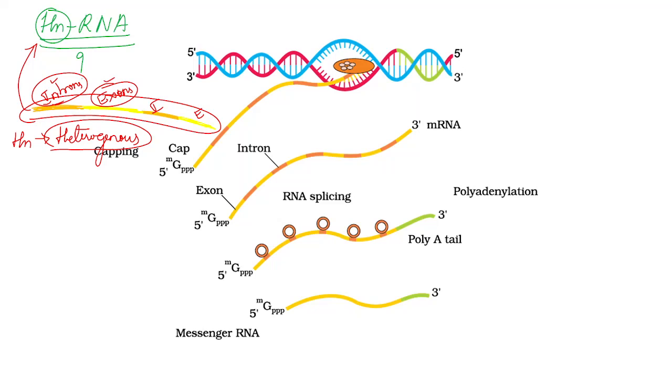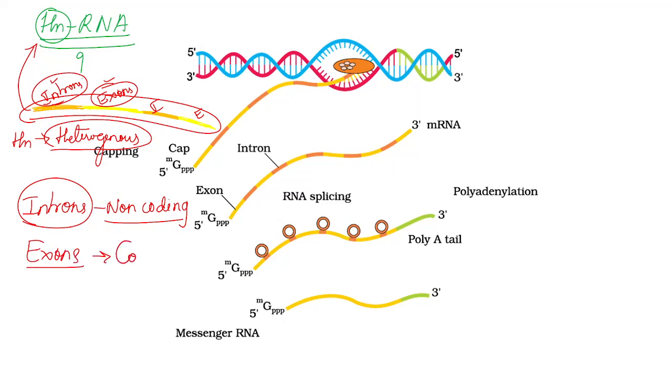Very simple. Introns, do remember, are the non-coding parts of the RNA. But what about exons? They are coding sequences of the RNA.